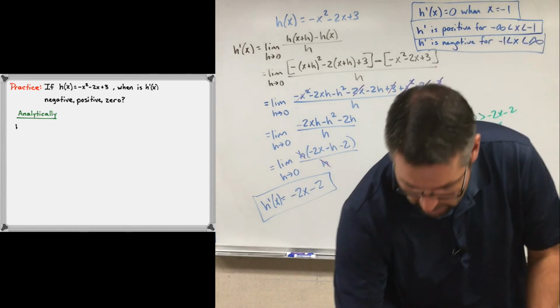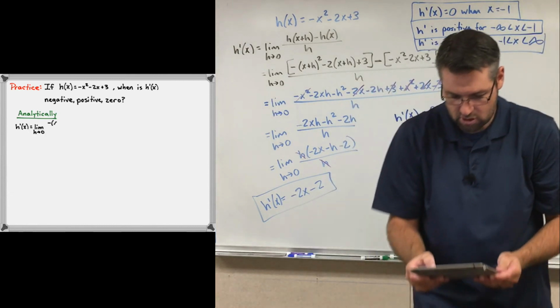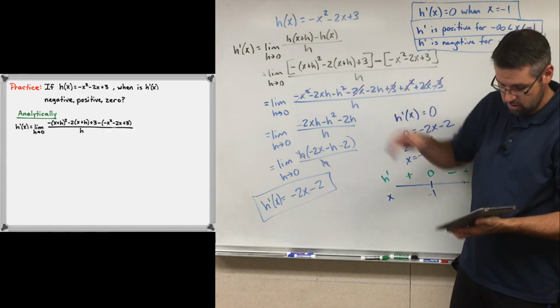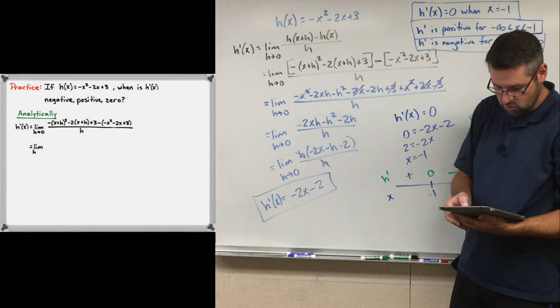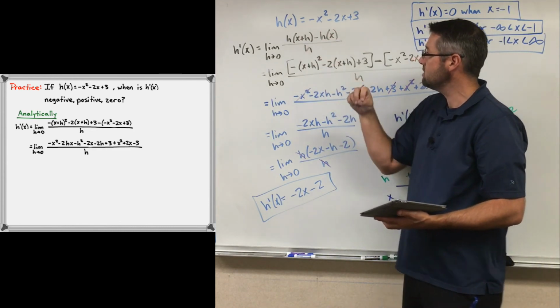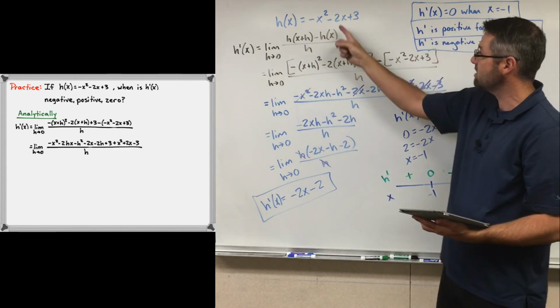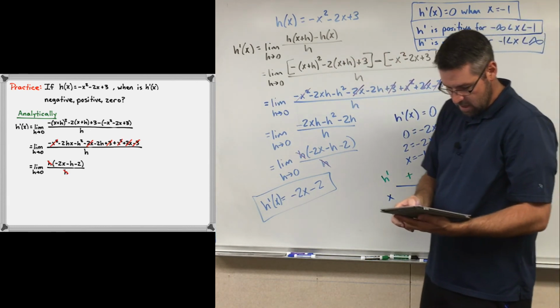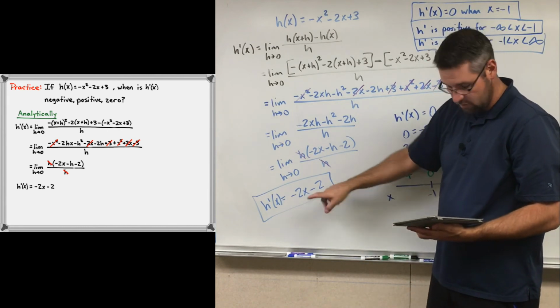All right, so that wraps that problem up. Just a quick recap. Here's how I figured out the derivative: the limit as h approaches 0 of the difference quotient, plugging in x plus h into each of these x's, and then plugging in x into each of those x's, and then simplifying all that, and getting a derivative function of negative 2x minus 2.